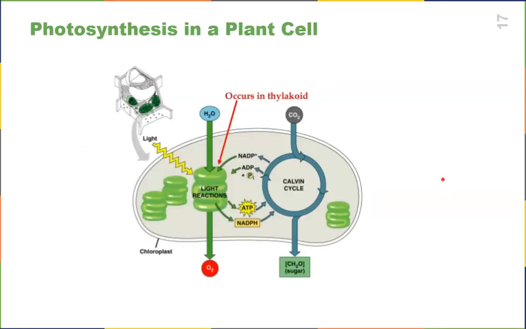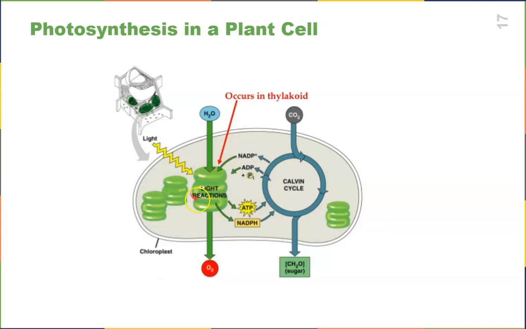Okay, so here's a nice overview again of photosynthesis. If this is a chloroplast, here's the double membrane, the outer membrane, the inner membrane, here's the stroma, here's a thylakoid, and then a stack of thylakoids is a granum. This is a granum here. Where these reactants of photosynthesis are going to come into play, light and water are going to be needed for the light reaction, okay?